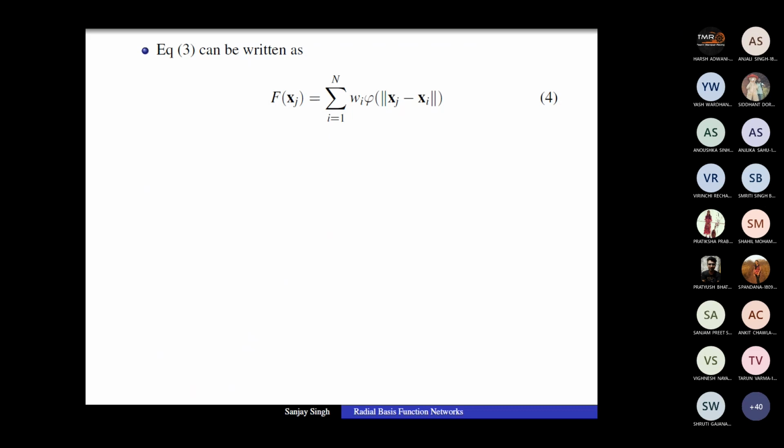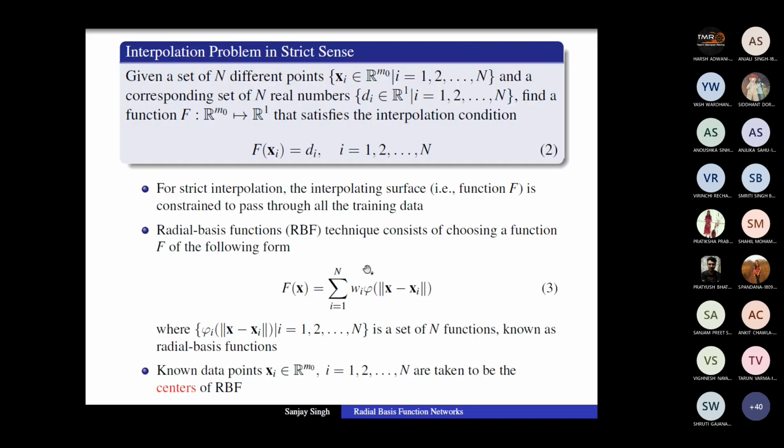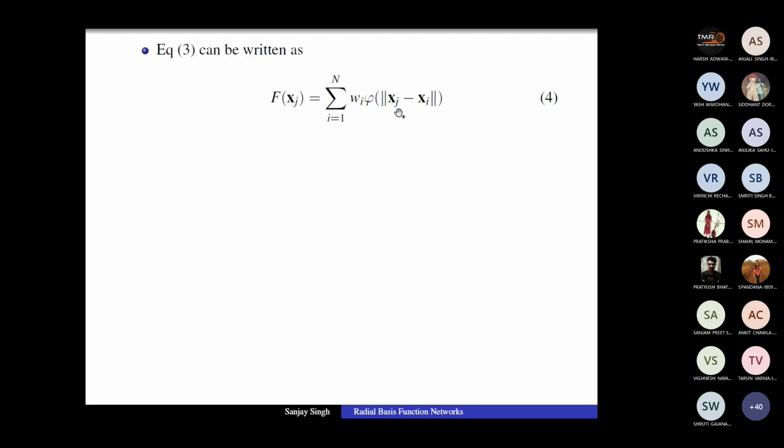Now I can write this particular equation, this is equation 3, for x. Instead of writing x, can I write xj? If I write xj here, then I can write xj minus xi, something of this form.